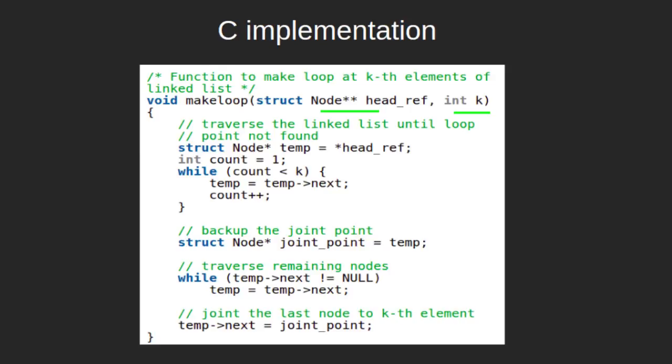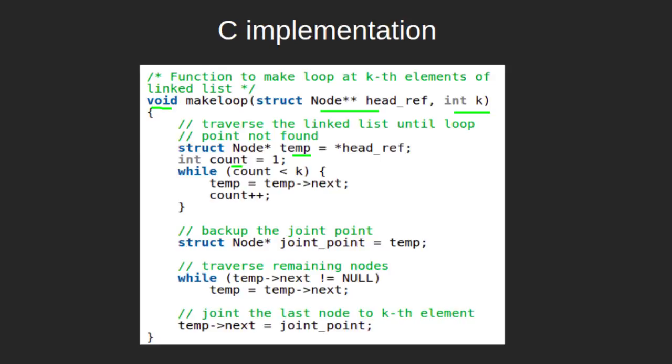So the return type of this function is kept as void. We declare a variable temp and initialize it with the head of the linked list. We also declare an integer variable count and initialize it with 1. The count variable will keep track of which node we are currently on.